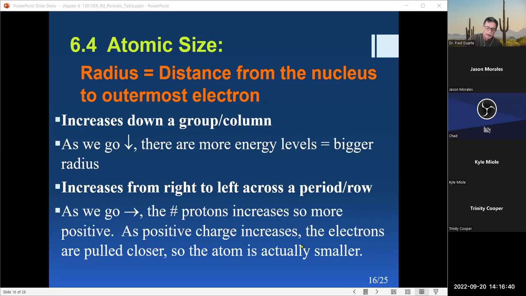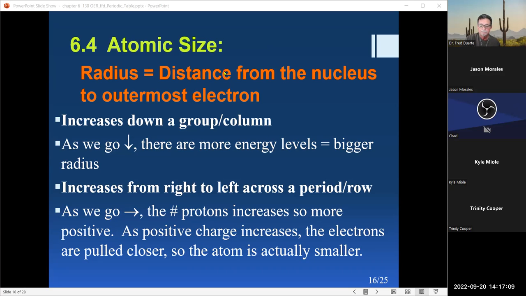And the reason it gets smaller is this: as you go across the periodic table, you increase the number of protons and you increase the number of electrons. And so there is more nuclear charge going on. There's more positive and negative interaction occurring. So the result is the electrons are held closer to each other through the radius. So they get smaller.